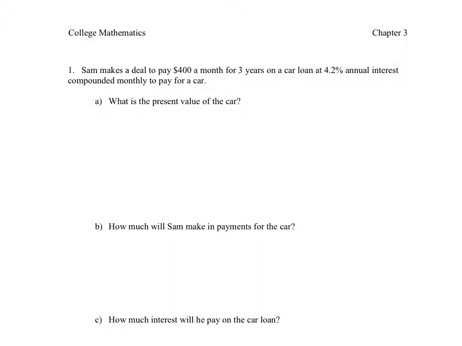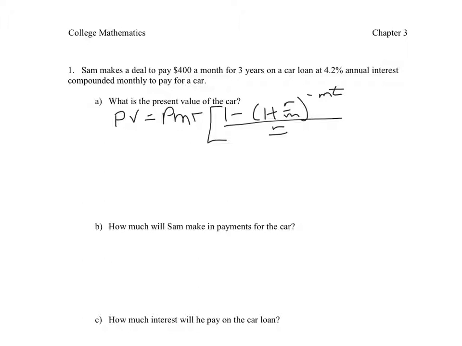Now, to calculate what the present value of this car is, we need to use this formula. Present value is equal to PMT times, we're going to have 1 minus 1 plus R over M raised to the negative MT power, and that is divided by R over M. Okay, time to plug in. $400 a month for the payment.